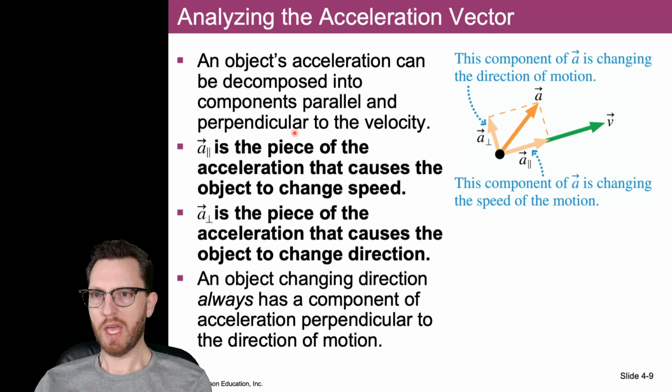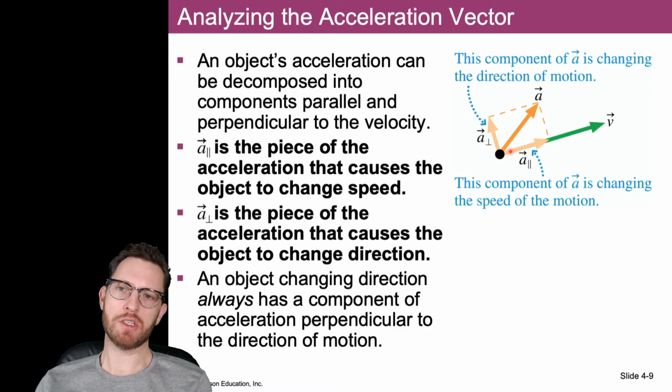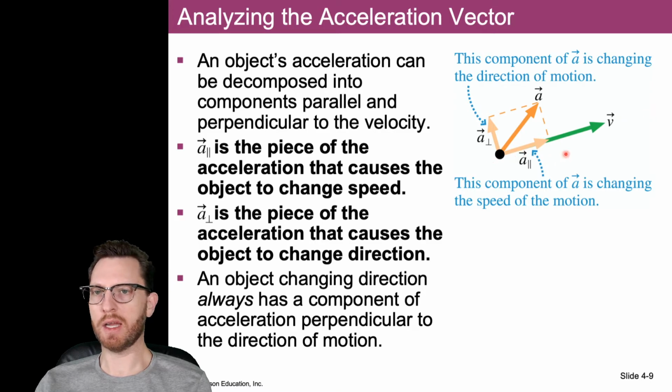If a component of acceleration is parallel to v and aligned, it's going to cause the object to speed up. If they're anti-aligned, the object will lose magnitude, slow down, or change direction. A perpendicular component is the component of the acceleration that's responsible for changing the object's direction. An object that's changing direction always has a component of acceleration perpendicular to the direction of motion.